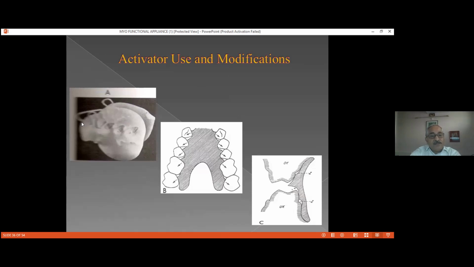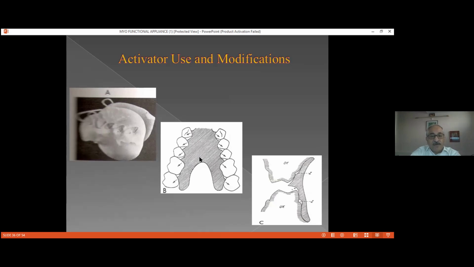Activators are constructed in the form of a monoblock, that is, there is an upper component and a mandibular component, and both are joined together by a bridge. The upper component is in approximation with the upper teeth, and in the lower arch we try to keep it free for the free eruption of the lower arch.